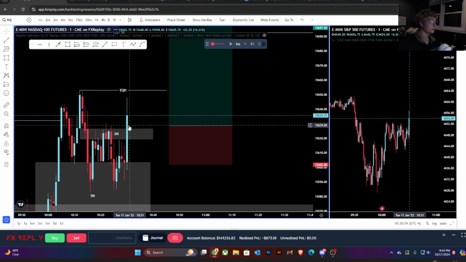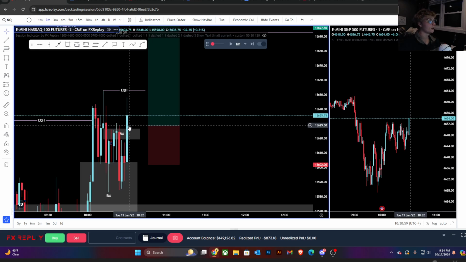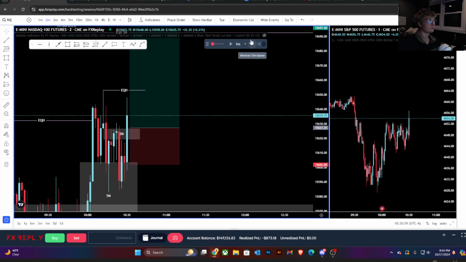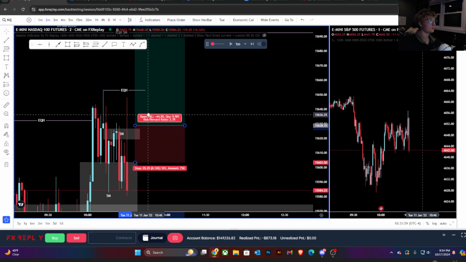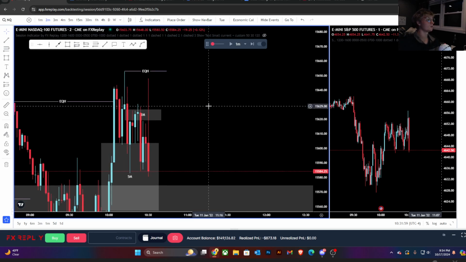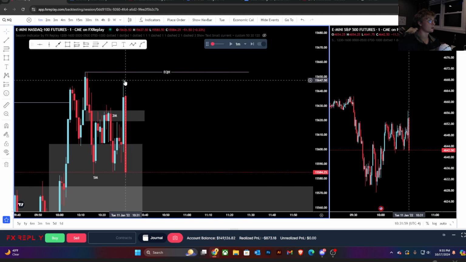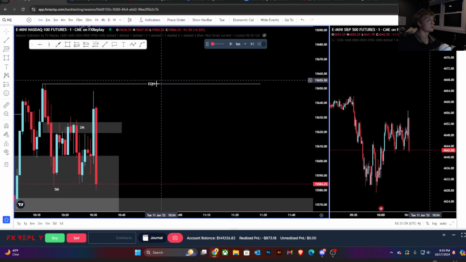Yo, do we have an entry here? I doubt we have an entry, but yo, yeah, no entry. We didn't close above. So right now we left these equal highs. Now we kind of have like almost relative equal highs.